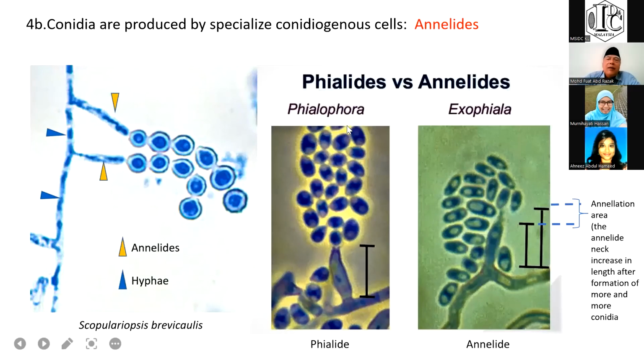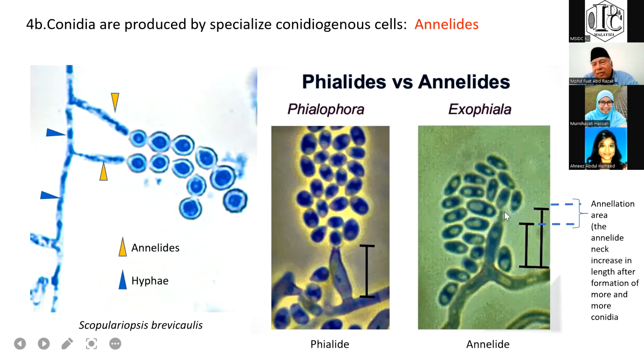There's another conidiogenous cell which looks similar to phialides, functions similar to phialides, that is, it produces conidia, either in chains or in balls. But we call these conidiogenous cells annellides, and it's not easy to differentiate annellides from phialides. So if the phialide is vase-shaped or flask-shaped, then probably you can look carefully at the tips of this conidiogenous cell.